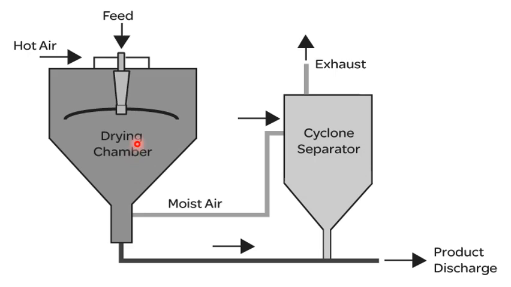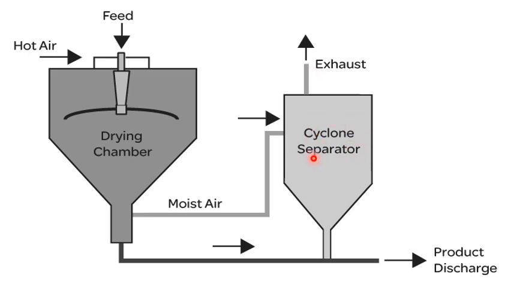So this sprayed material immediately comes in contact with the hot gas, hot air, and it dries in a very short time. These particles are taken up by the cyclone separator, and this moist gas is exhausted from the cyclone separator.